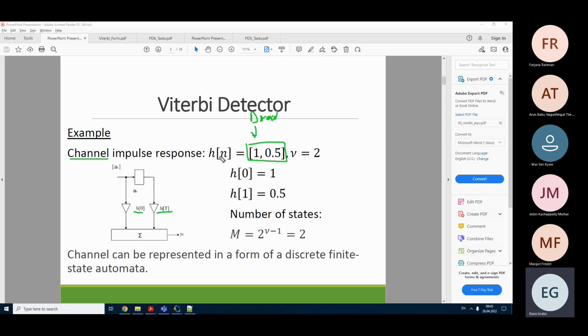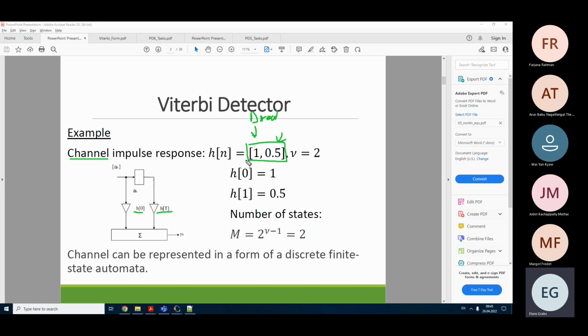Of course, this is a somewhat idealistic situation, but for understanding the operation of the Viterbi algorithm, this will be good enough. You can consider that during the reflection from the subsurface, the second signal has lost half of its energy, and what we have received is only a twice smaller signal because of this reflection effect.